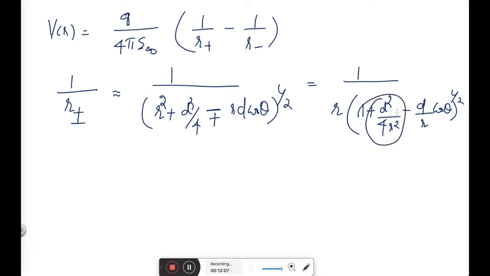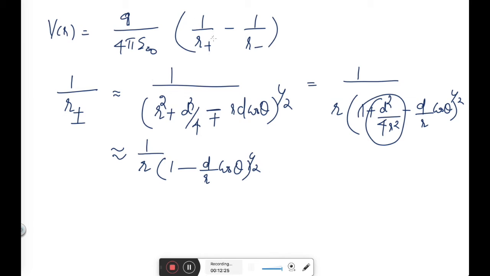You can see that the d squared by 4 r squared part can be neglected. So it is approximately equal to 1 by r into 1 minus d by r cos theta, whole raised to minus half.